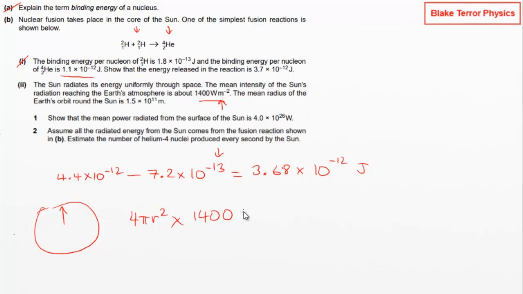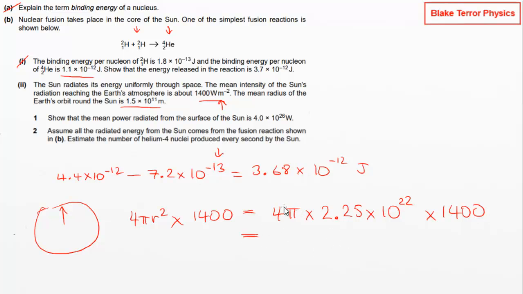We multiply this by the area and it's going to give us the watts. Multiplied by 1400. So that is 4 pi multiplied by the radius squared, 2.25 times 10 to the 22, and then multiplied by 1400.